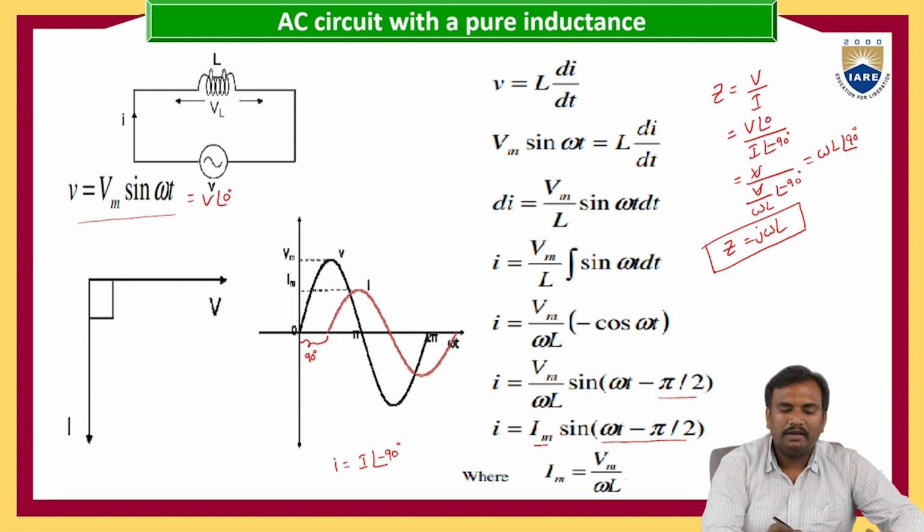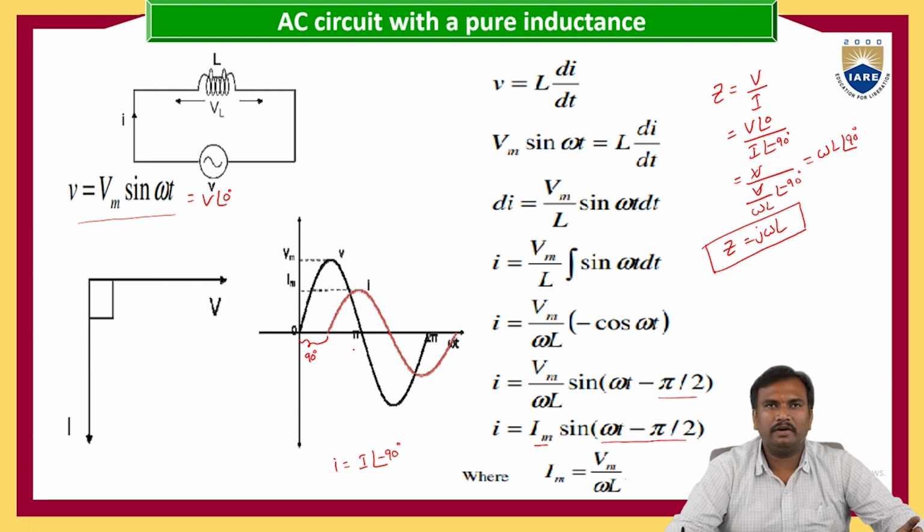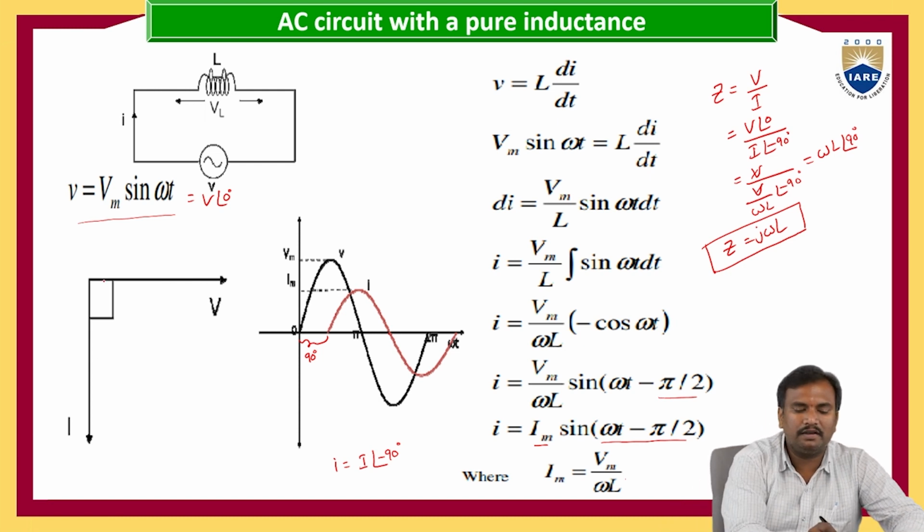So here we can say that the current waveform is lagging behind the voltage by pi by 2 radians or 90 degrees. Here, this is the voltage with the reference, and this is the current phasor with exactly 90 degrees.